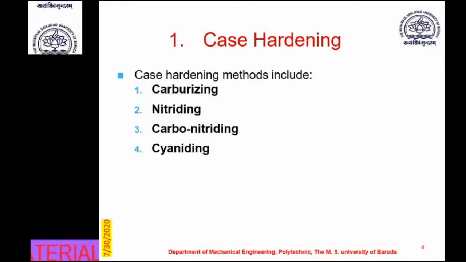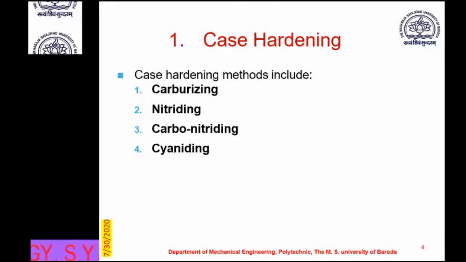Nitriding is another surface hardening, or typically we call it case hardening process, where nitrogen gas is used to give better surface hardness on the material. Then we have carbonitriding.